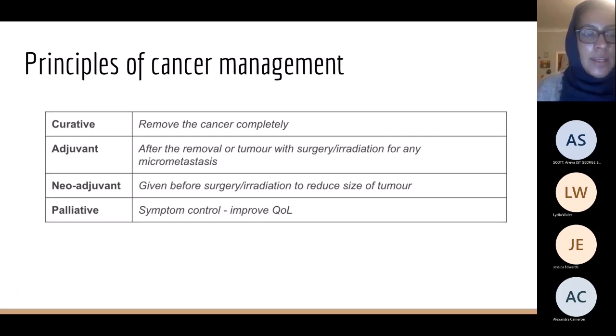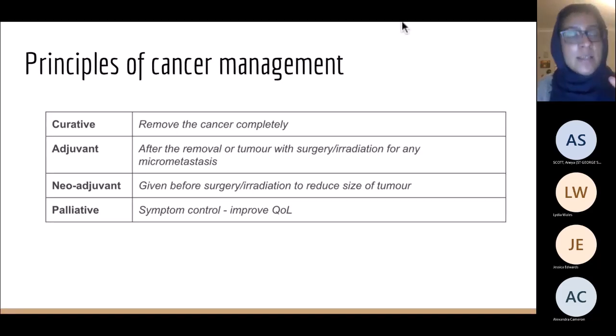In terms of the principles of general cancer management, like I said, you guys really don't need to know specific details of cancer management because it's way too specialized and advanced. But what you do need to know is the general principles, and I've already touched on some of these. As I mentioned, you have your curative approach and you have your palliative approach, your palliative being more about improving quality of life and symptom control.